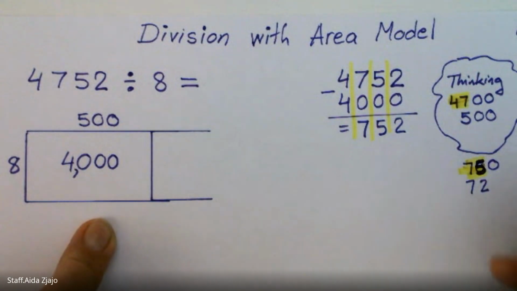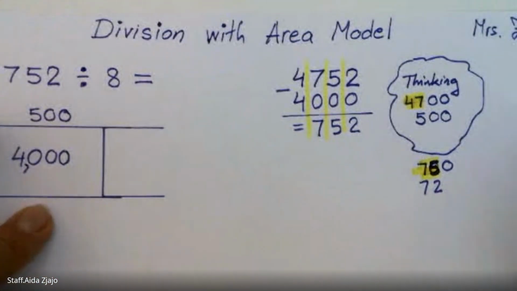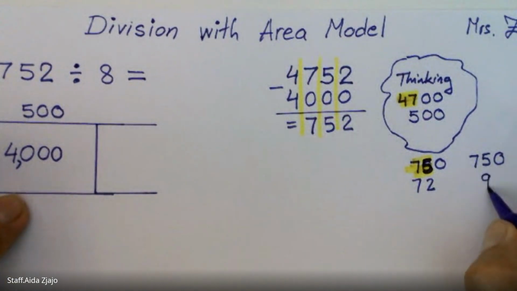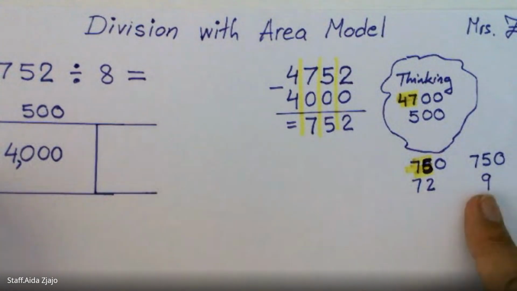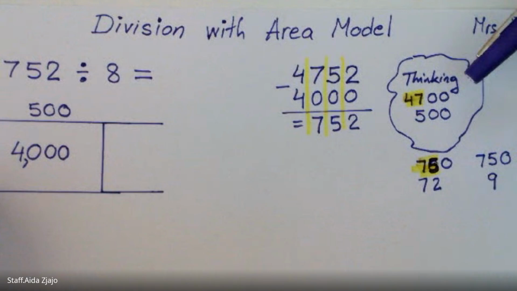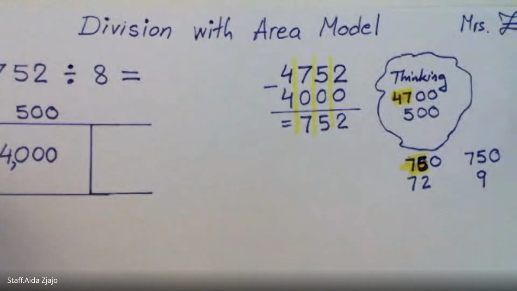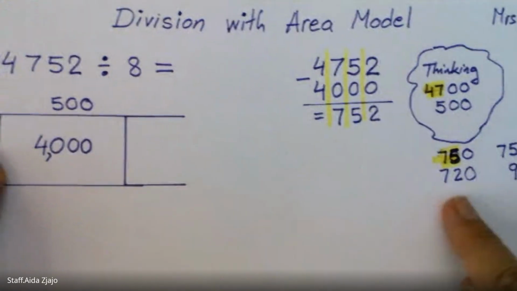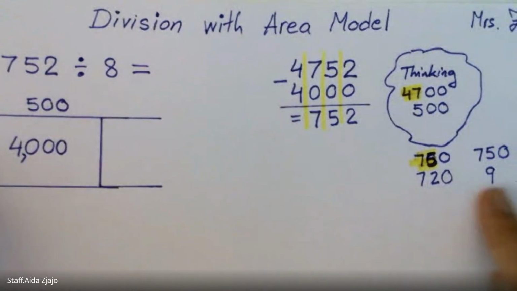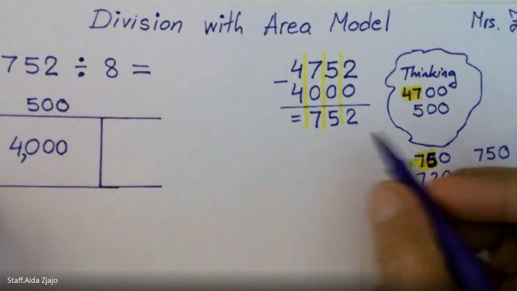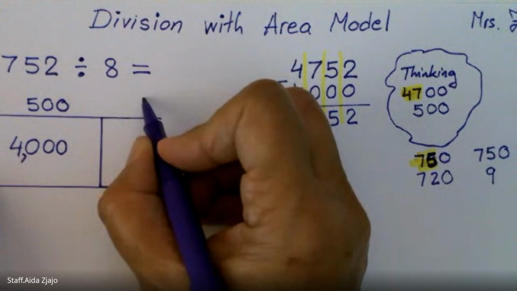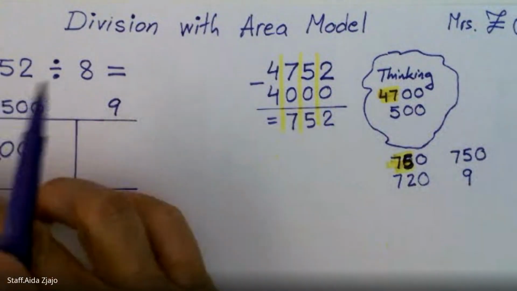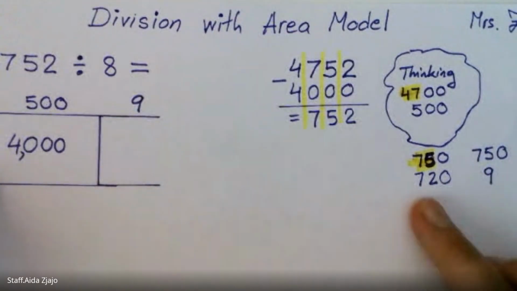So if I have this number to think about, I can say, okay, 8 times 9 is 72. So I can use that, and I will take off 720, if that doesn't confuse you. So now I can put here 9. And that's not 9, because if you say 8 times 9, that's just 72.